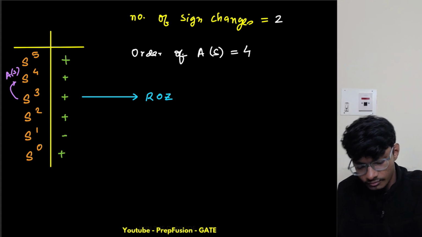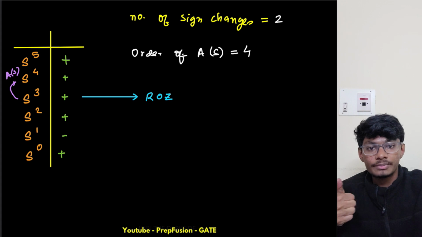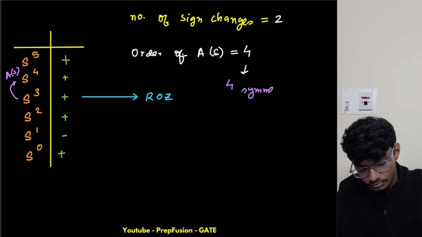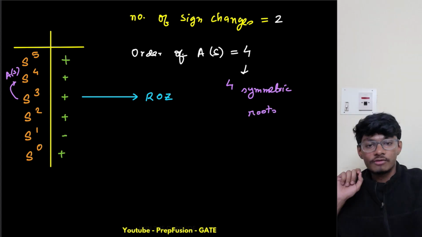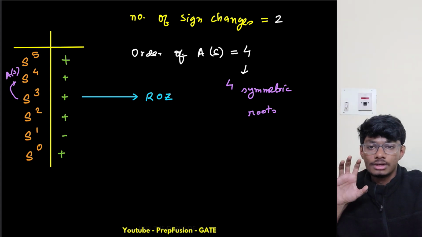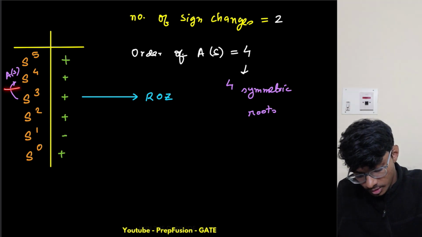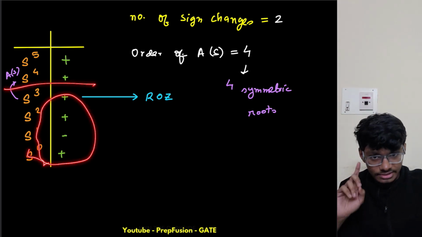So I will have 4 symmetric roots. If I have 4 symmetric roots, how many left half plane and right half plane symmetric roots will I have? Below my auxiliary equation, the sign changes are 2.